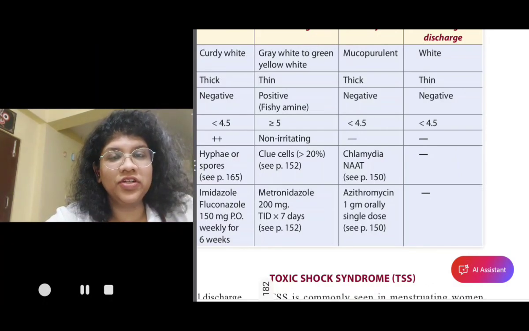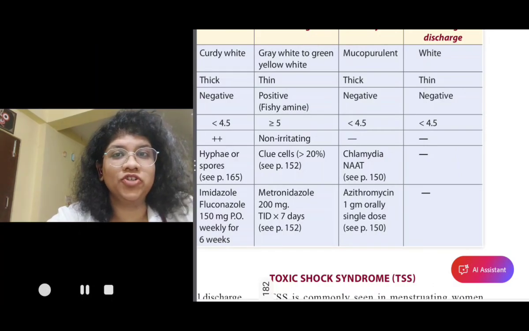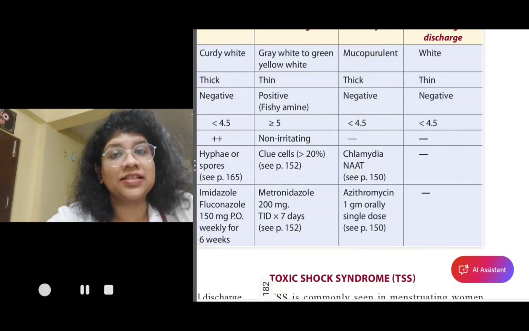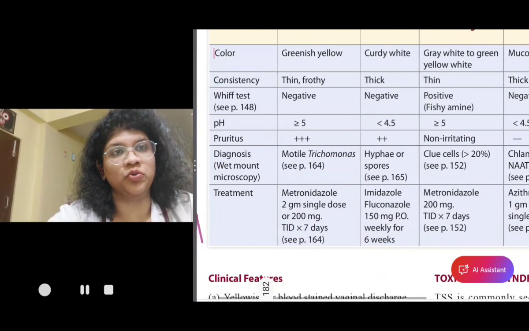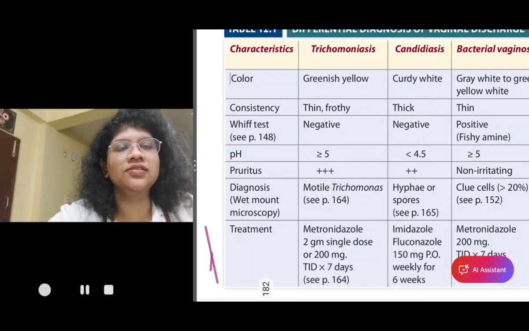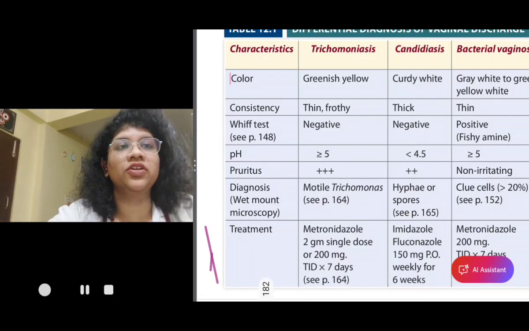I'll make another video regarding the flora of a normal vagina, so stay tuned to the channel. But for now you need to remember that the vaginal pH is acidic in a normal female in the reproductive age group.